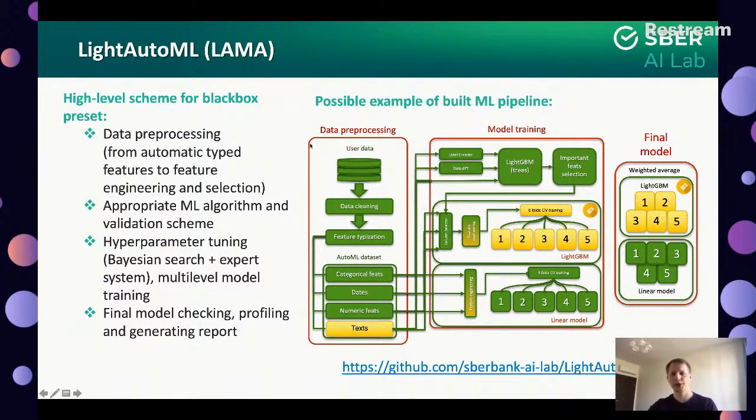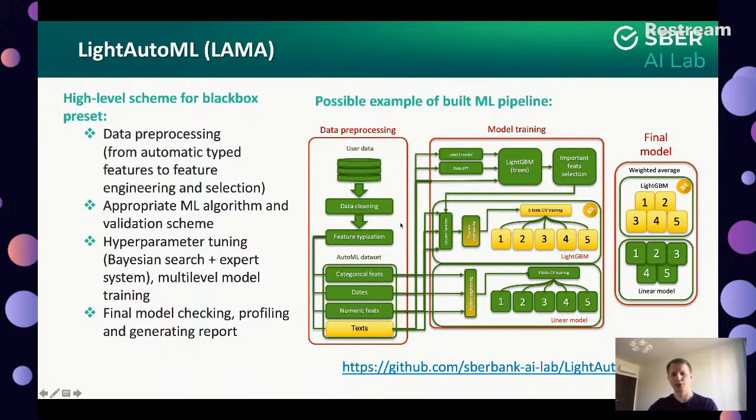First of all, we have a data processing block, which receives the user data, figures out what is inside, and does basic cleaning and automatic feature typization. It's a crucial part of the data preprocessing step, because sometimes it understands that you have a real variable, but it should be a categorical one for better model accuracy and so on.